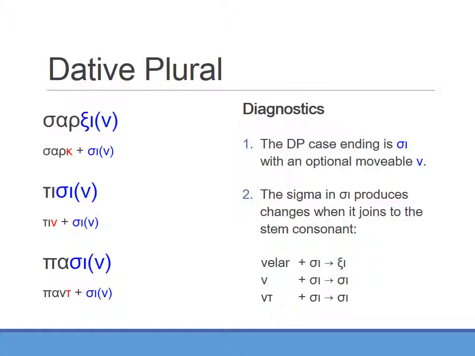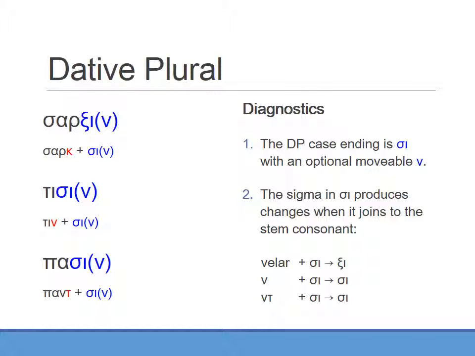Similarly, when we add the sigma to a stem ending in nu, the nu drops out. So nu plus sigma becomes sigma. Therefore, tin plus si becomes tisi. And when we add sigma to pant, first the tau and then the nu drops out.